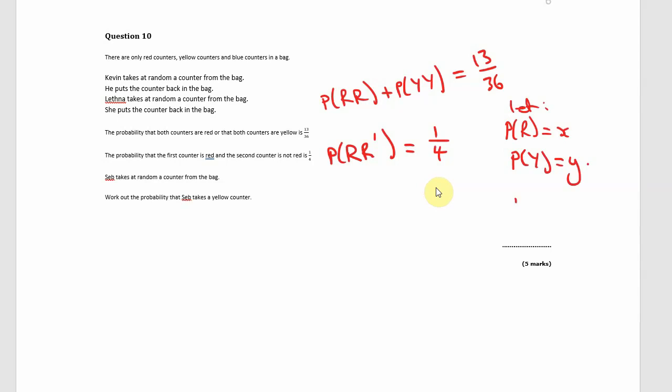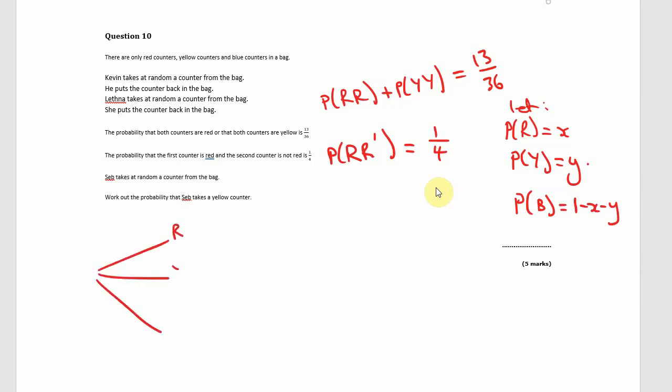Then the probability of blue, my other colour here, is going to be 1 take away x, take away y, because these three need to add up to 1, don't they? So we can go ahead and start drawing our tree now.